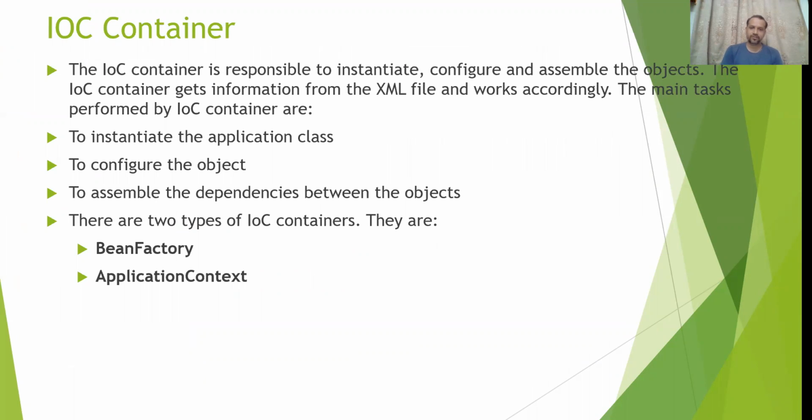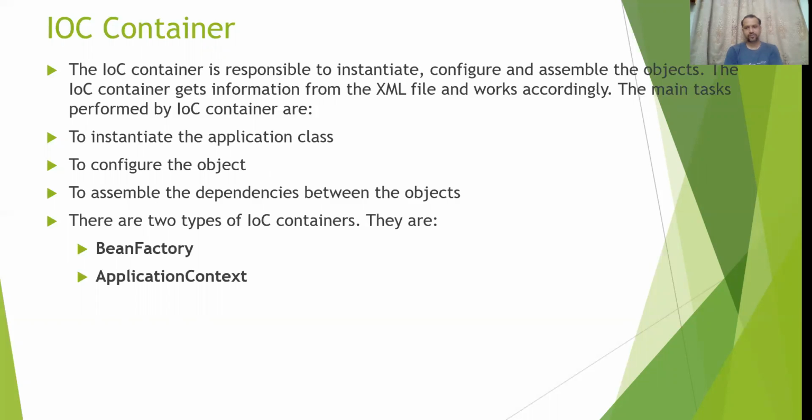It gets the information from the XML file and works as per that information. The main tasks performed by the IOC container are, as I told, to instantiate your application class, configure the object, and assemble the dependencies between the objects.